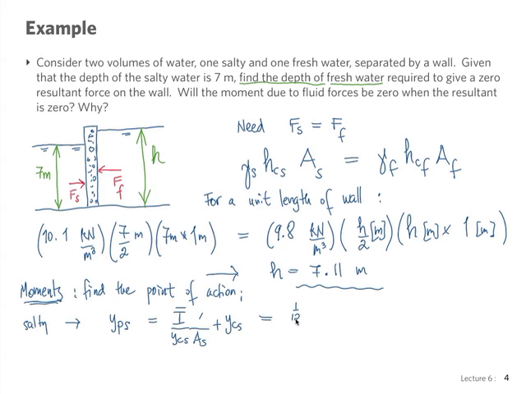So 1 over 12 times, let's just look at 1 meter depth of the wall, so 1 meter times the h, which is 7, cubed, divided by, on the salty side, the location of the centroid, which is 7.5 meters.